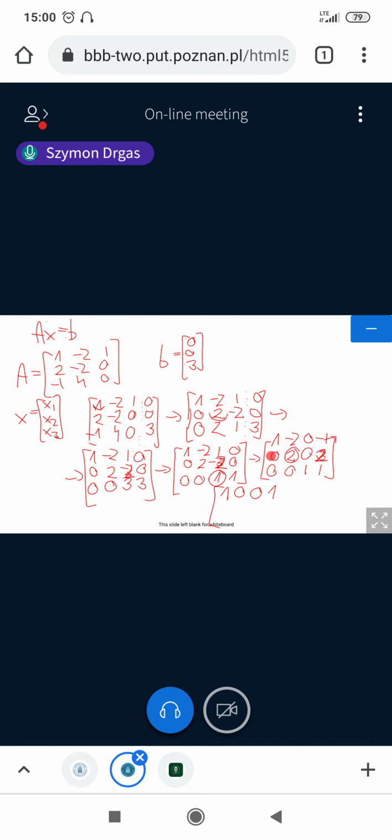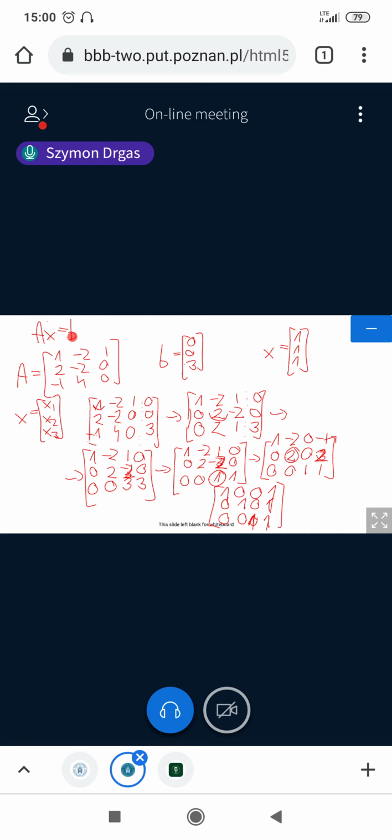We can divide the second row by 2, so now we can read the solution from the last column of this augmented matrix. So it means that X has 3 components equal to 1.